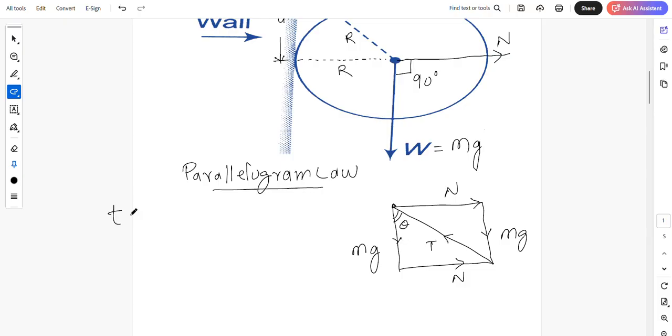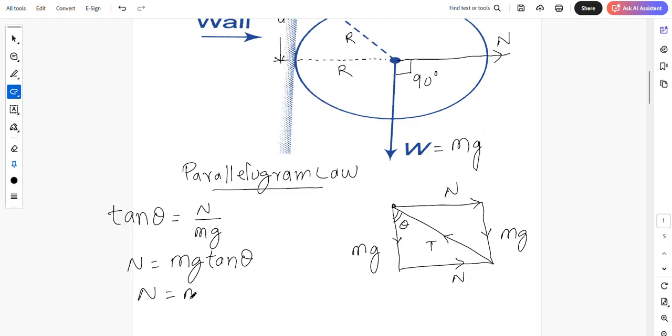First let us find the value of tan theta. What is tan theta? It is opposite by adjacent, that is N divided by mg, perpendicular by base. Therefore N is equal to mg tan theta.